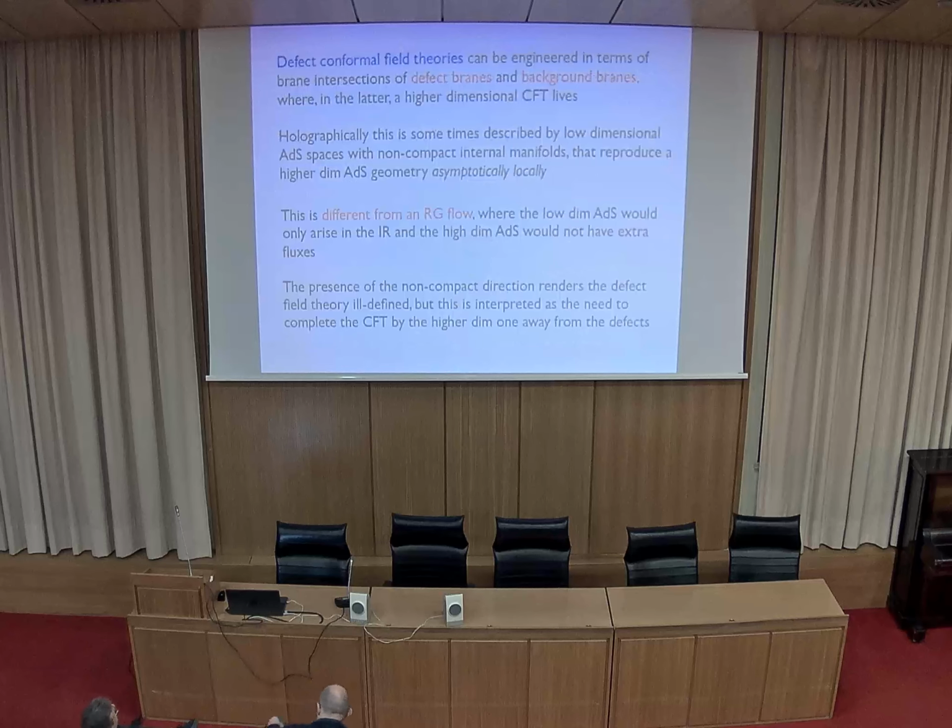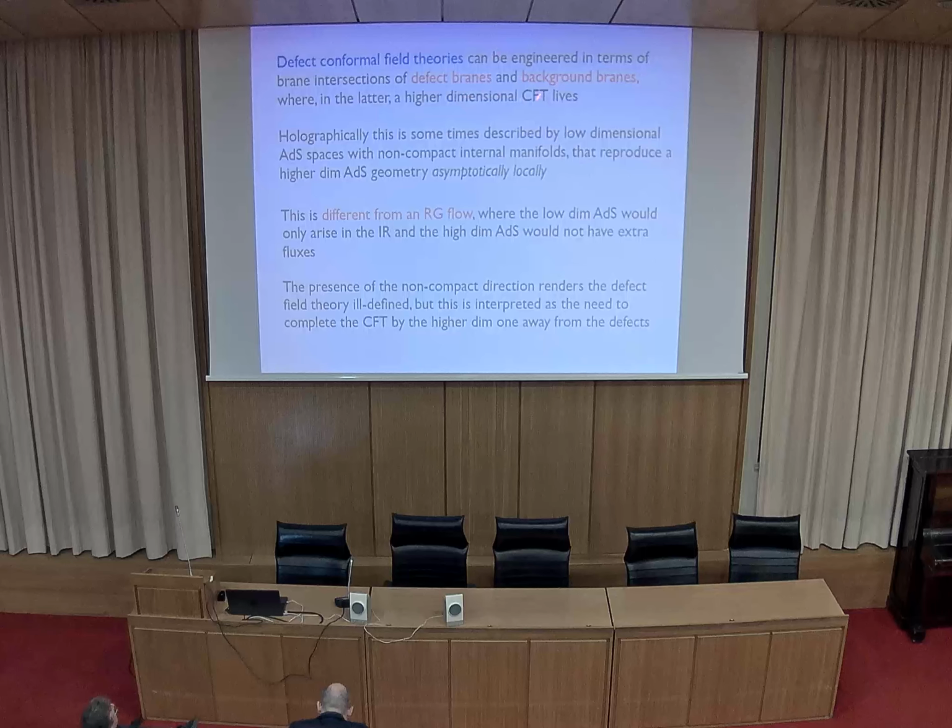So in these realizations, when you study defect conformal field theories in holography, typically you have a low-dimensional field theory, the defect field theory, realized in some brane intersection, which consists of two kinds of branes.